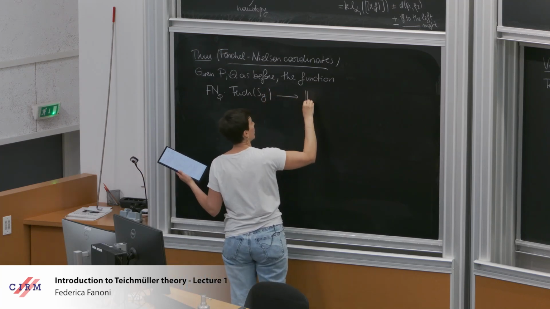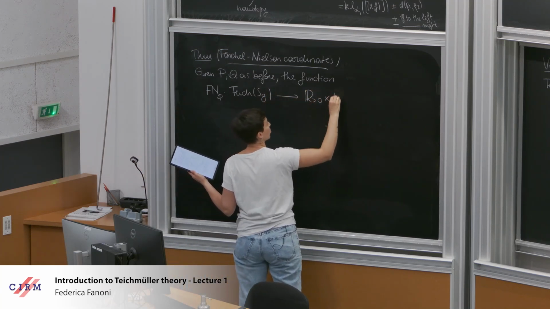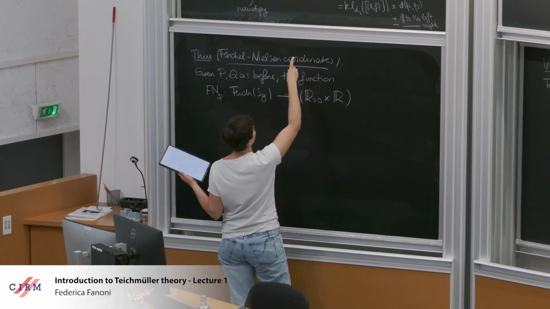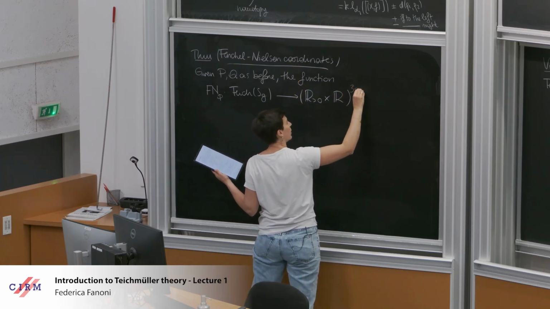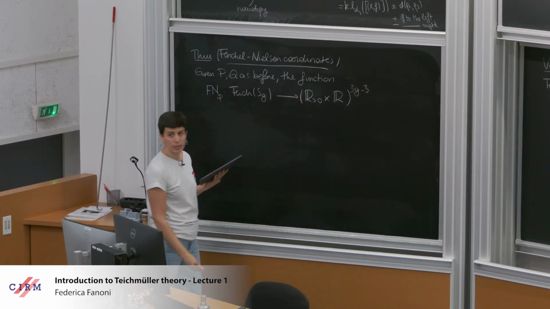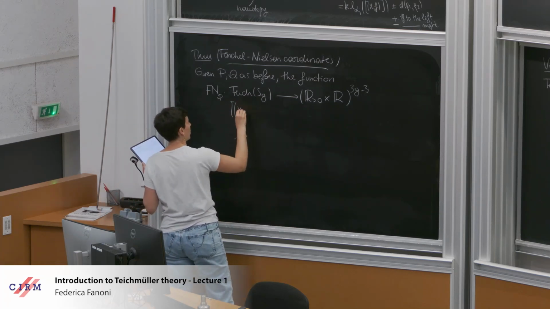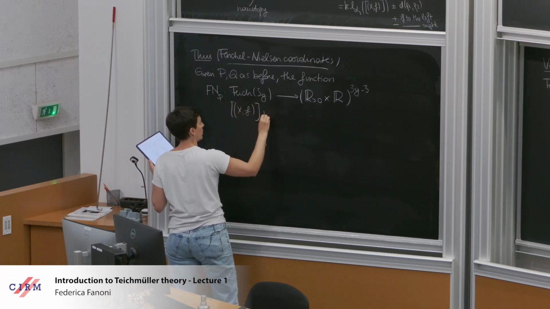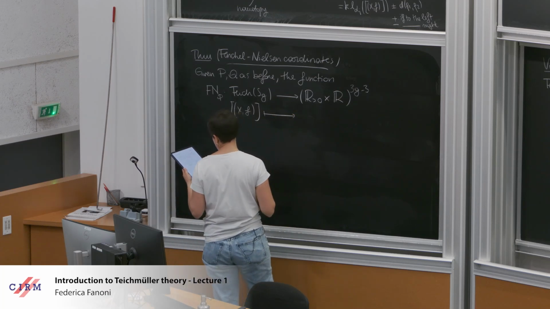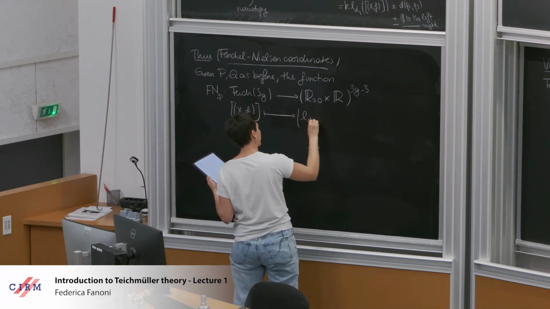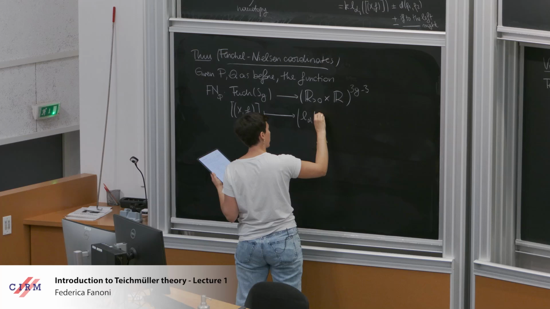I have the lengths, those are positive, and the twists could be positive or negative, those are the twists. And I have 3g minus 3 of each of these, so I take x, and I send this to the length.